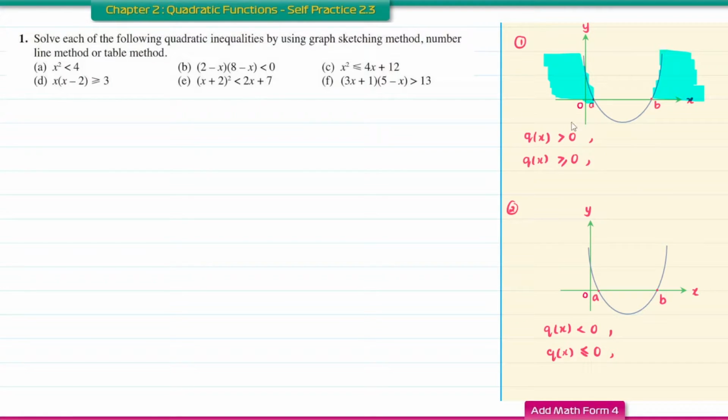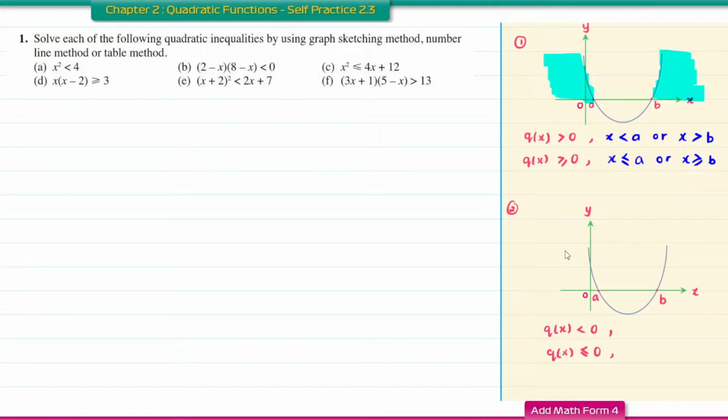Therefore, for the quadratic equation greater than 0, the value of x will be x less than a or x greater than b. And if your quadratic equation is greater than or equal to 0, then x will be less than or equal to a, or x is greater than or equal to b.